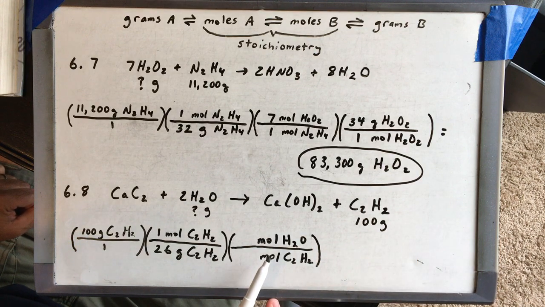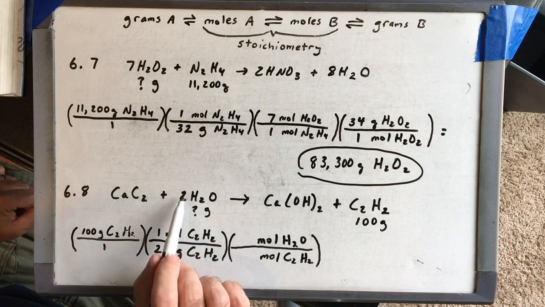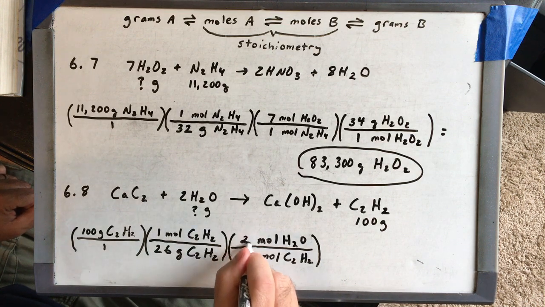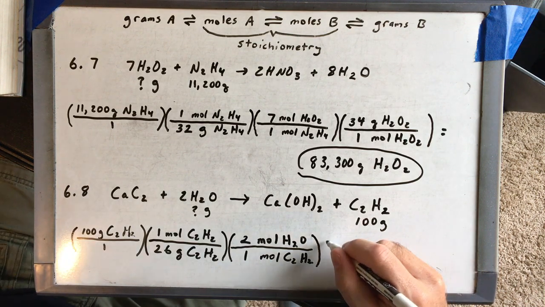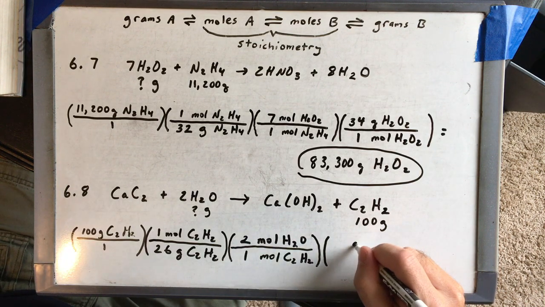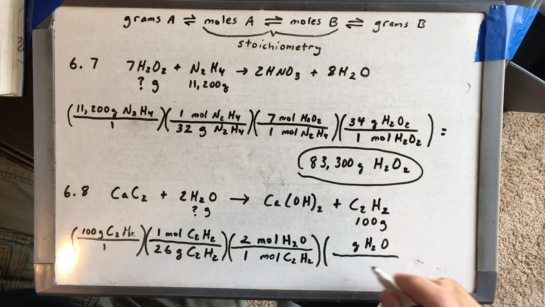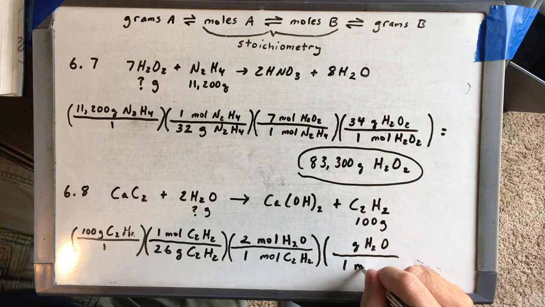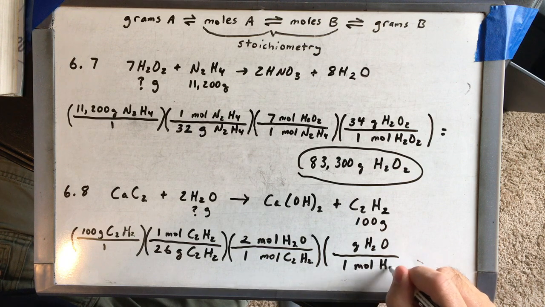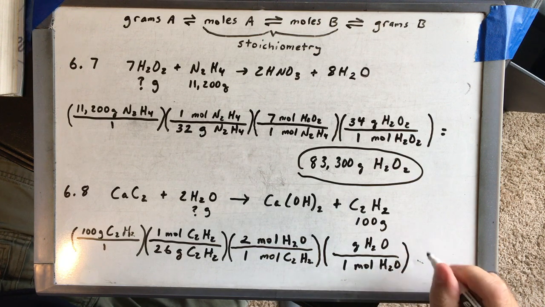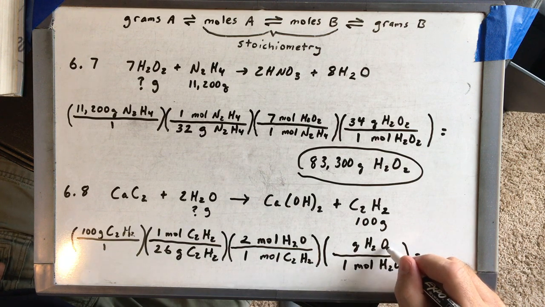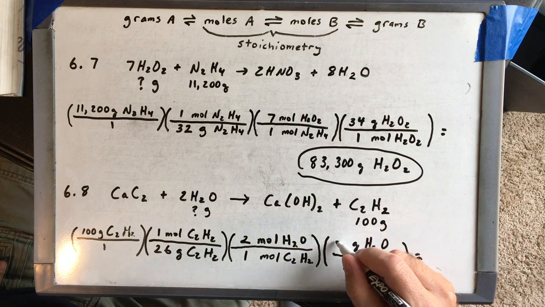Okay, looking at the coefficients, in front of H2O we have a 2. In front of C2H2 we have a 1. And finally we want to go to grams of H2O. Get rid of moles of H2O. We know the 1 goes by the mole. Adding up the grams of H2O, that's going to be 16 for oxygen plus 2 for hydrogen, so 18.